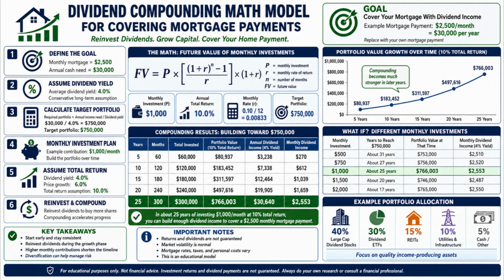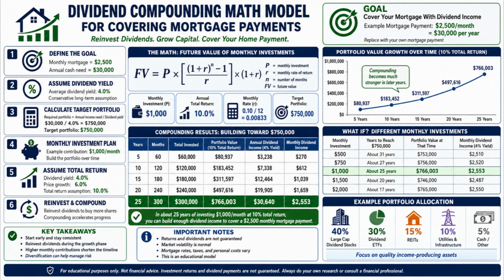With the assumed 10% annual total return, the portfolio may reach approximately $766,003. At a 4% dividend yield, this could produce about $30,640 per year, or around $2,553 per month. At this point, the dividend income may be enough to cover the example mortgage payment.